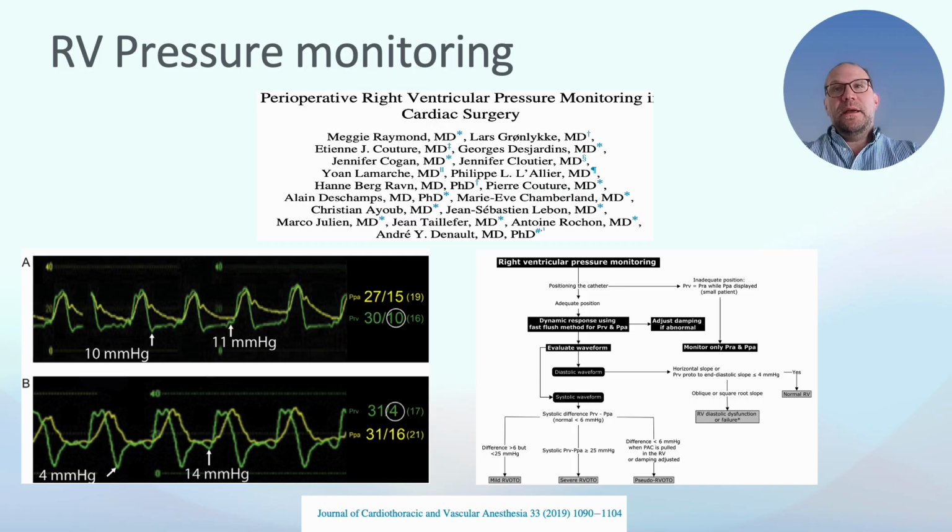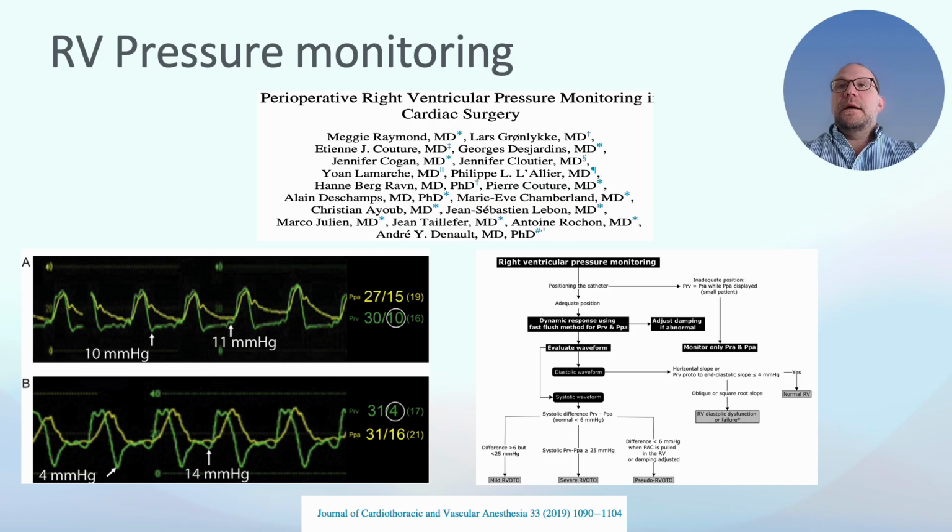So to go back, A, to describe that a little bit more, the PA pressure waveform is in yellow, the RV pressure waveform is in green. And so they're showing you the difference in these RV and PA diastolic deltas, basically. And sometimes in that B, that's noted as the square root sign, which is a pattern that you see in RV diastolic dysfunction or RV failure.